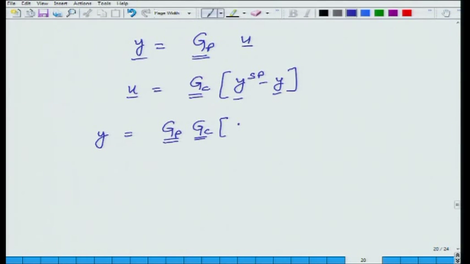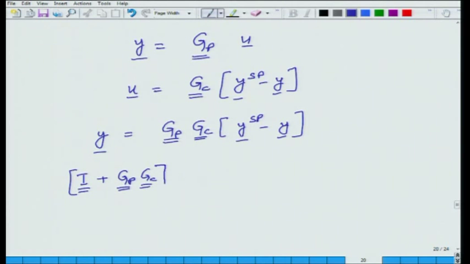If I take the y term to the left hand side, I get identity matrix plus GP GC, this is also a matrix, times y is equal to GP GC matrix times y set point.